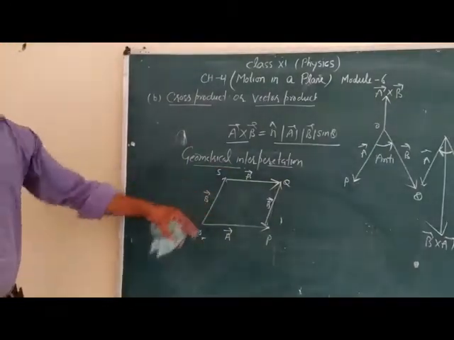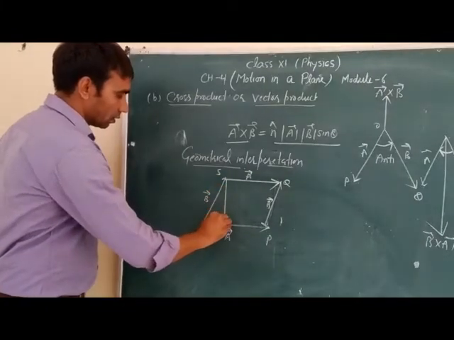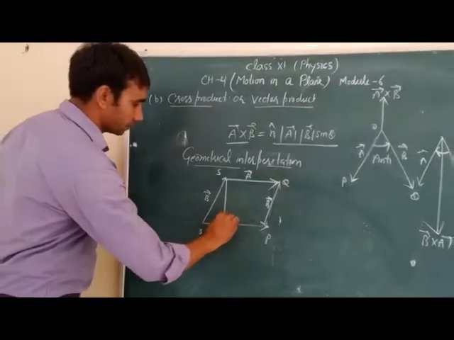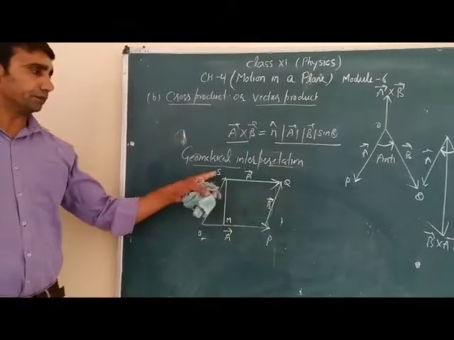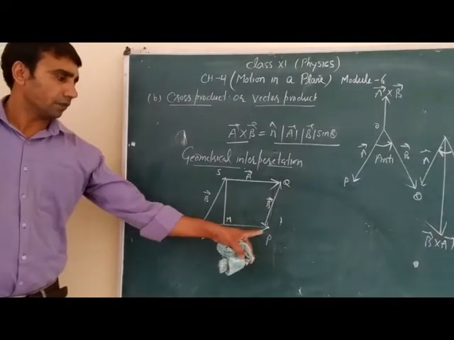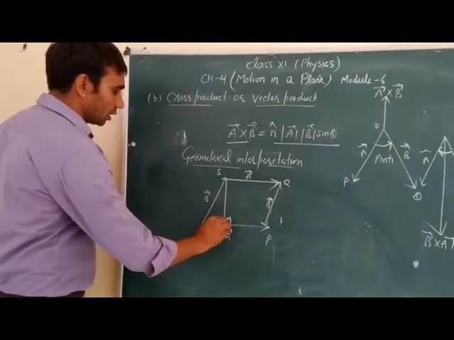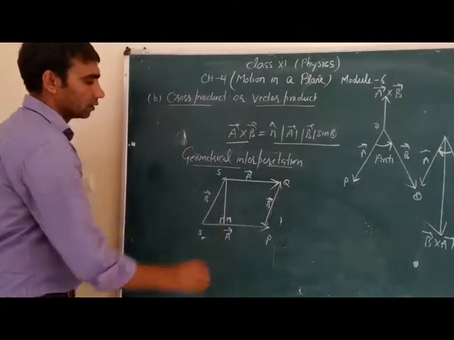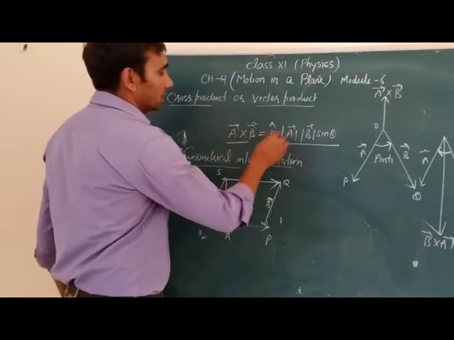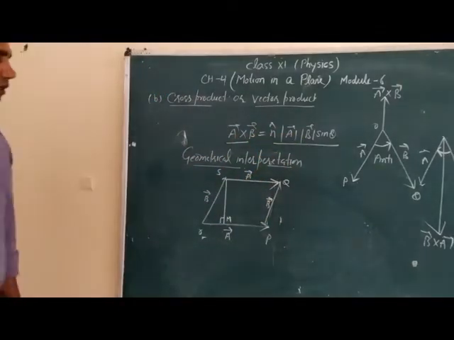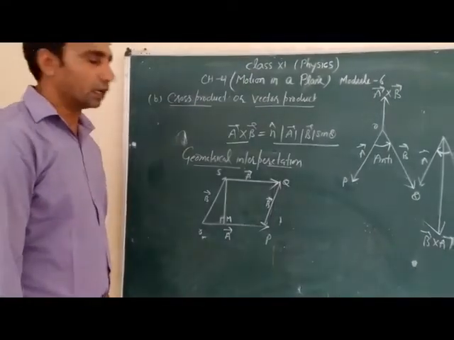From point S, draw the perpendicular on vector A. Now in this triangle, the cross product of vector A and B is equal to magnitude of A, magnitude of B and sine of the angle between them.